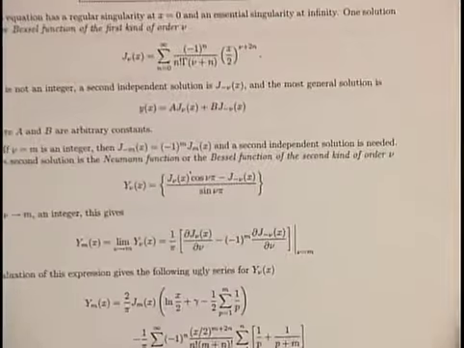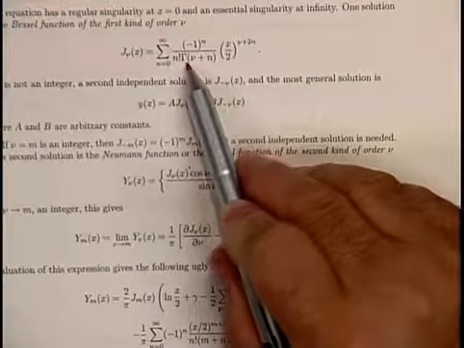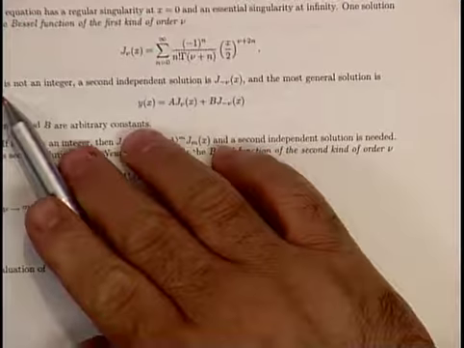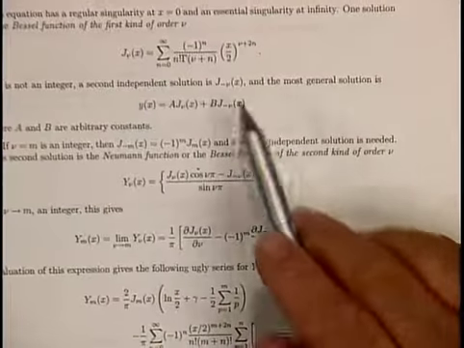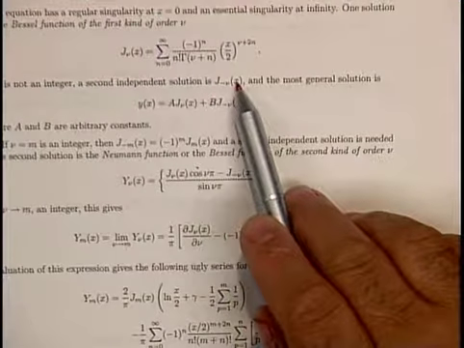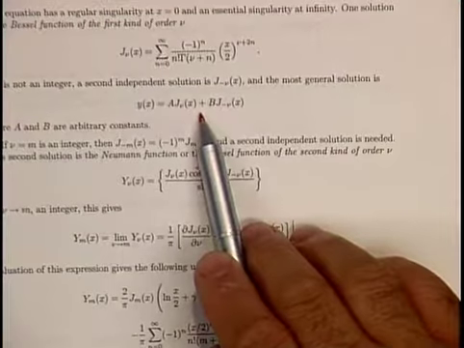So the solution for the Bessel function will involve, in the denominator, a gamma of nu plus n. If nu is not an integer, the second independent solution for the Bessel function will be J minus nu of x, and we have to linearly combine the first solution and the second solution.